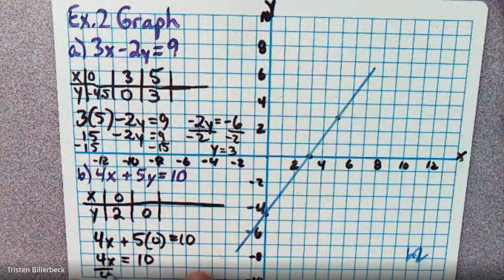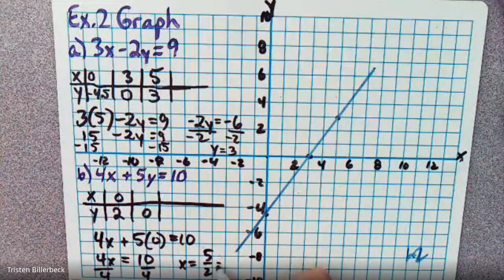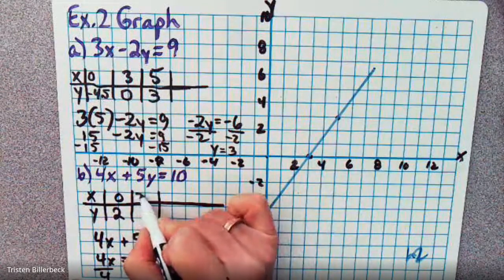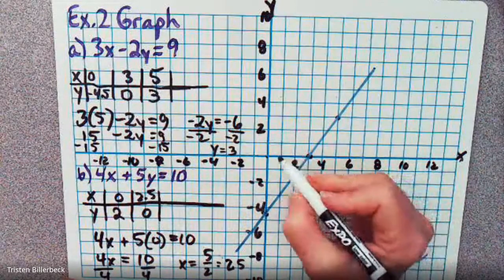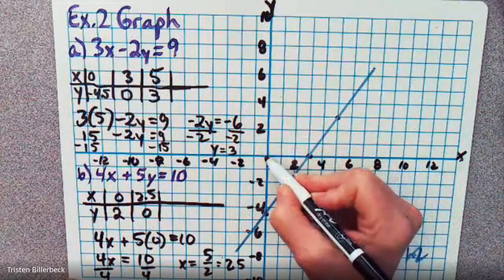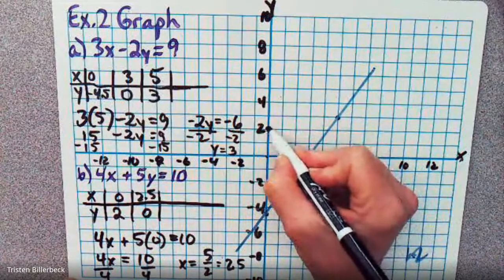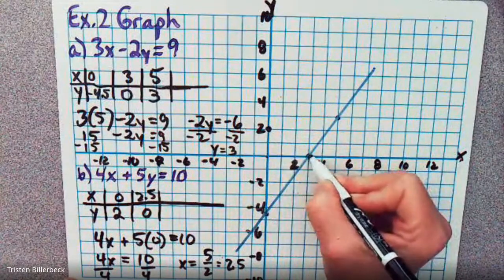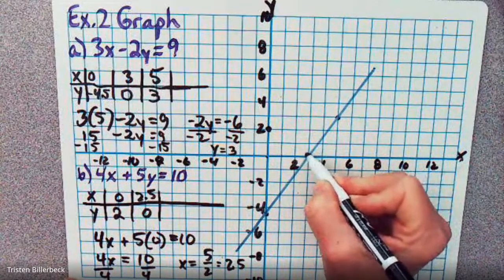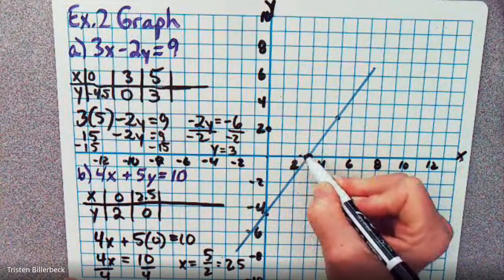We divide by 4, and we get x equals 5 halves, which is that 2.5. So we can plot those two. So I have x is 0, y is 2, y is 0, x is 2.5. Hey, look. Oh, that's 3. So right here, 2.5.